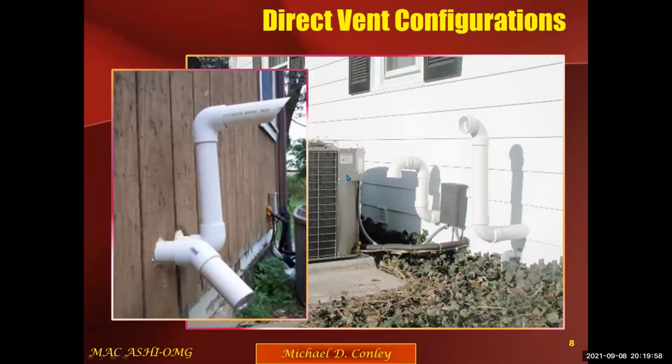Where you have appliances and intake and exhaust ports, there should be a minimum of 10 feet apart. You can see right here that that's not the case. That's more like 5-6 feet. These are manufacturing specifications, by the way.